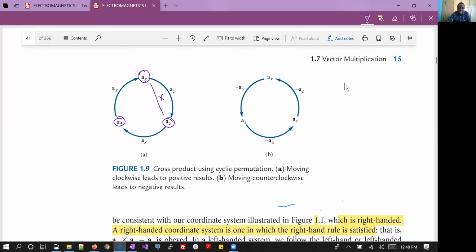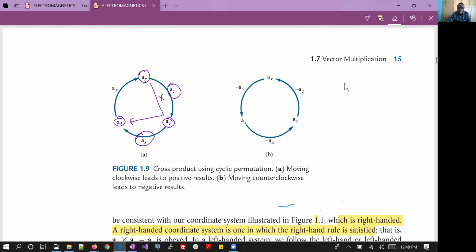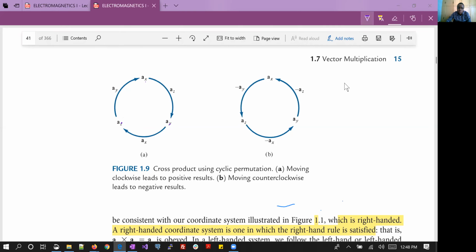Or you can adopt this one right here: AX cross AY is equal to AZ, AY cross AZ equals AX. But the best one for me, the one I follow, is the circle. You assume you are putting a cross after every one, doing the cross there.